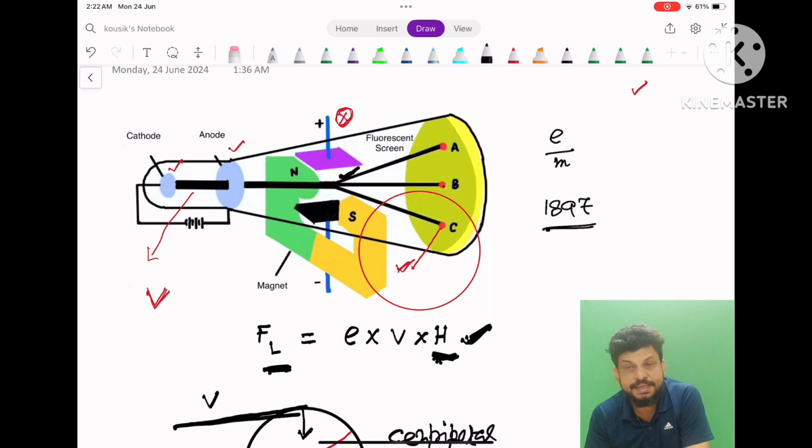It moves in a straight line. If we apply this criterion, we can easily remove the value of R from this expression.